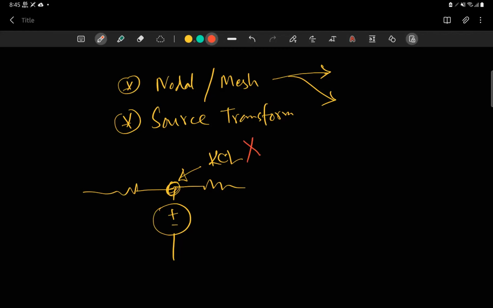So if you have a voltage source on a node, please do not try to write KCL for that. All you can write for that node, if it's grounded, the voltage, say this is 3 volts, then don't write KCL for this. The correct should be V1 equals 3 or whatever the node is.